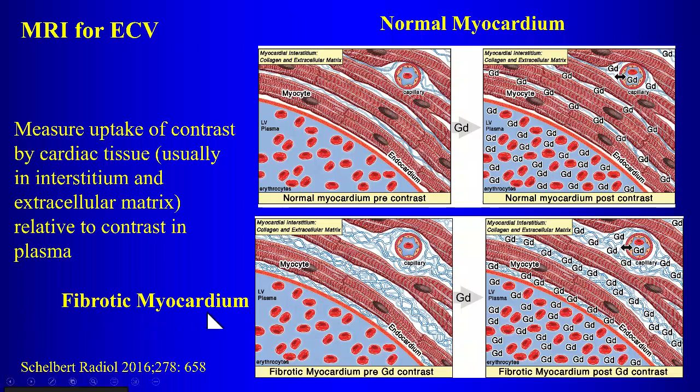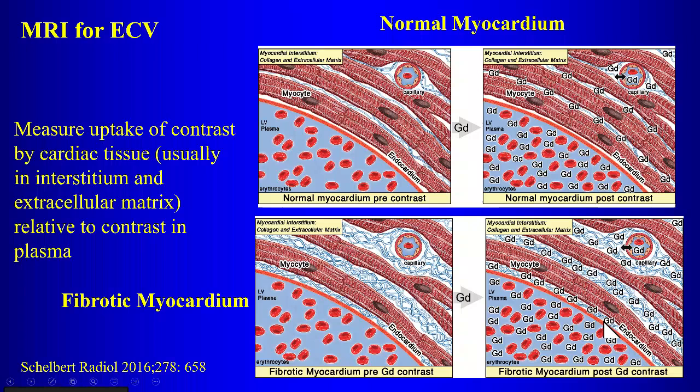Here, where you have fibrotic myocardium, because there's more extracellular space and more collagen out there that will uptake the gadolinium, you're going to have more gadolinium in the extracellular space compared to the normal myocardium.